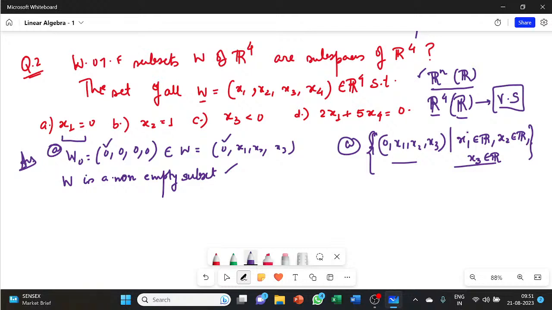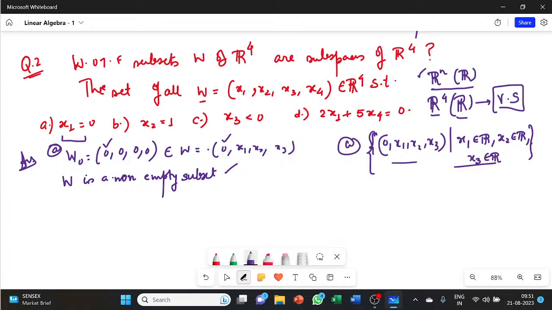Is it fine? Okay, good. So W is a non-empty subset.